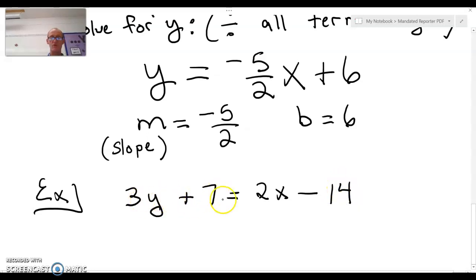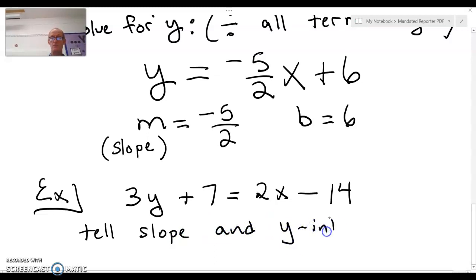So 3y plus 7 equals 2x minus 14. Your directions are to tell slope and y-intercept.